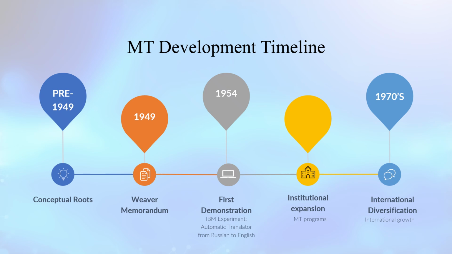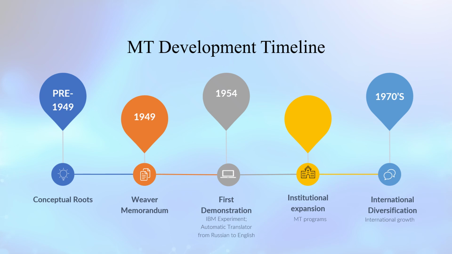In 1949, Warren Weaver's memorandum laid the theoretical foundation for machine translation, proposing the use of information theory to decode languages. This inspired the first public machine translation demonstration in 1954 through the Georgetown IBM experiment, which generated great optimism about the future of automated translation.